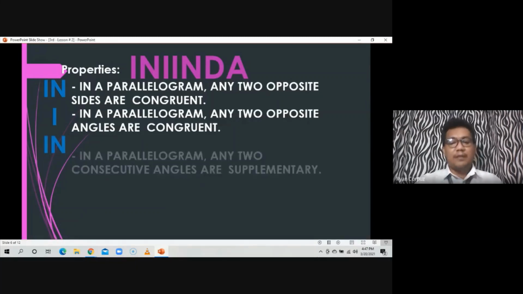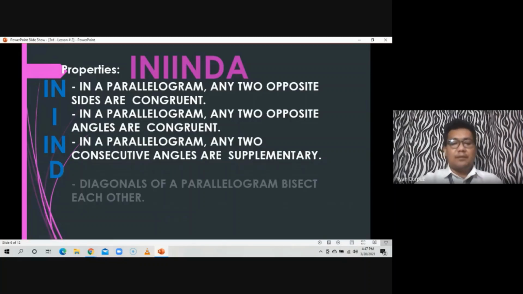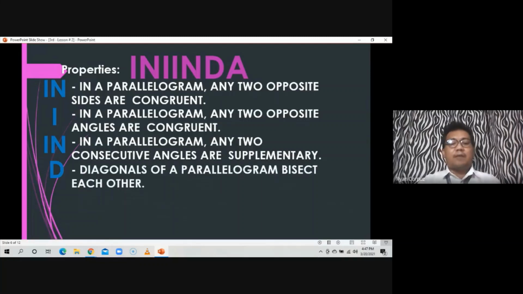Third, it says here, in a parallelogram, any two consecutive angles are supplementary. Again, in a parallelogram, any two consecutive angles are supplementary. Two consecutive angles in a parallelogram, when we add them, are equal to 180 degrees. That's what we mean by supplementary. Next, D. It says here, diagonals of a parallelogram bisect each other.